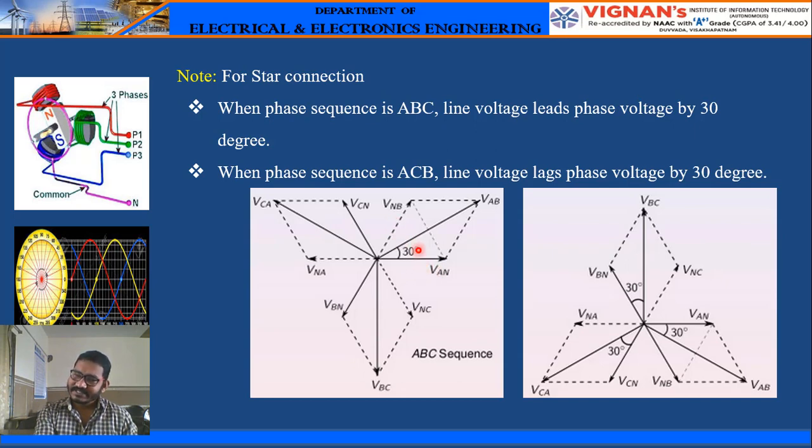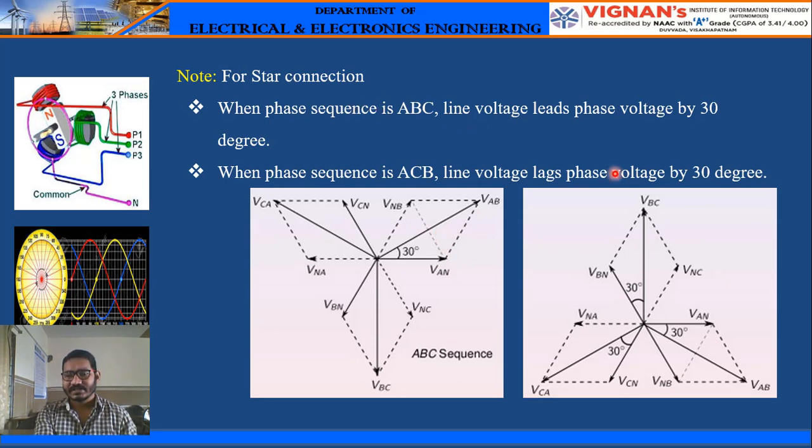Leading means which comes first. Both comments are right: VAB leads the phase voltage by 30 degrees, and VAN lags VAB by 30 degrees. This is for the ABC phase sequence, where we considered VAN, VBN, VCN. That's why the line voltage leads the phase voltage by 30 degrees.